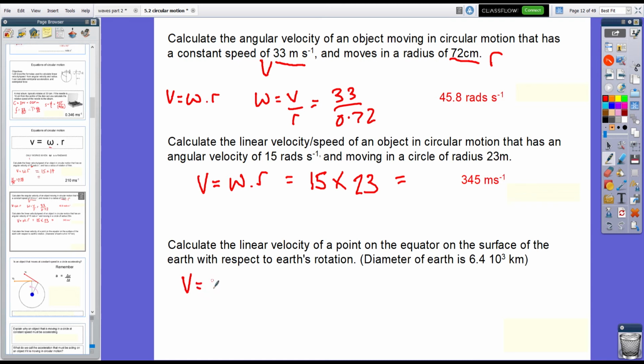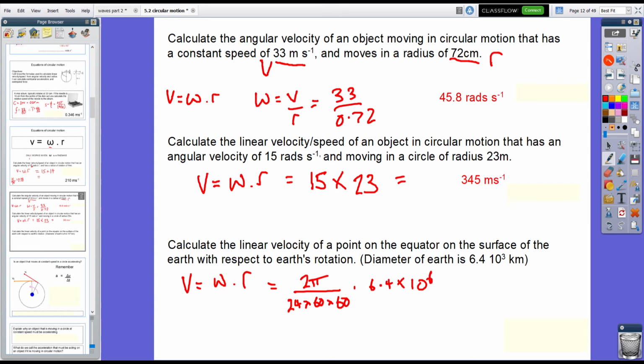v equals omega r. Now we did calculate omega before for the rate of rotation, but I'll do it again here. Every day the Earth rotates once, so omega is 2 pi divided by 24 times 60 times 60, so that's seconds and minutes, and then we multiply that by the radius, which is 6.4 times 10 to the 6.